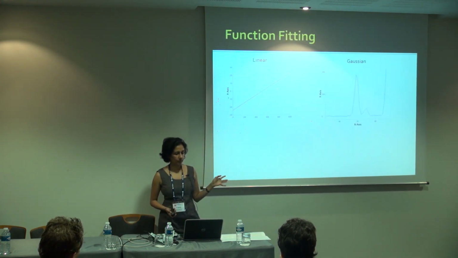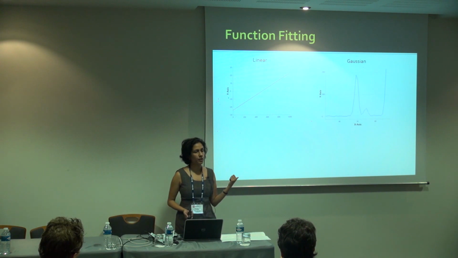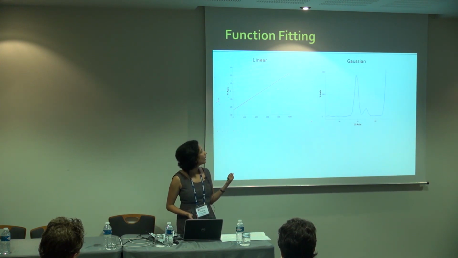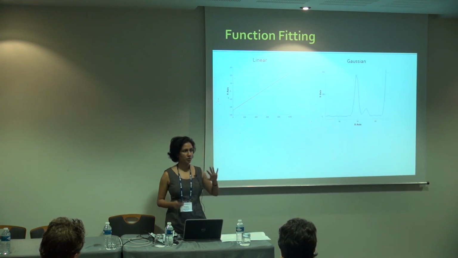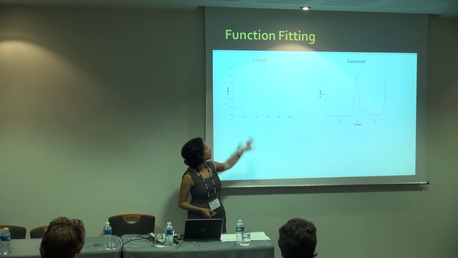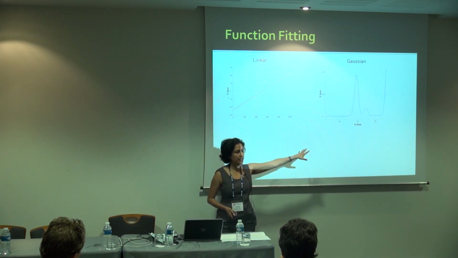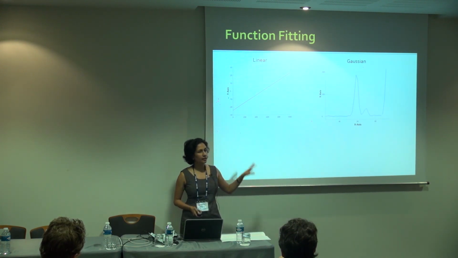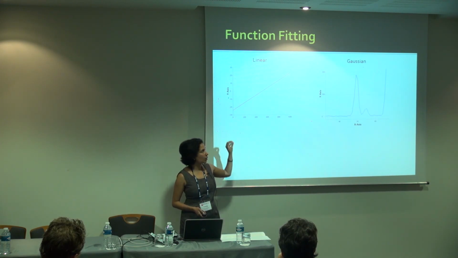In particular, we're going to look at a tool called the function fitting tool. Now, at a very high level, don't worry, I'm not going to get into the science of it, but users will have some data and they'll be looking for a line or a curve from that data. And they'll know that there's an equation that goes with these, but they just need the number. So a line, we know, is mx plus c.